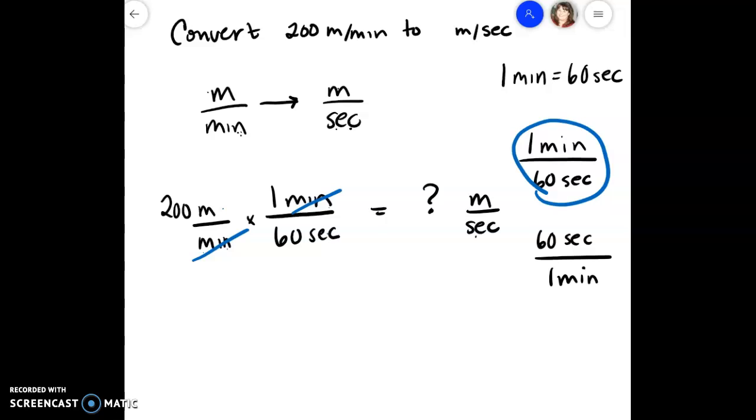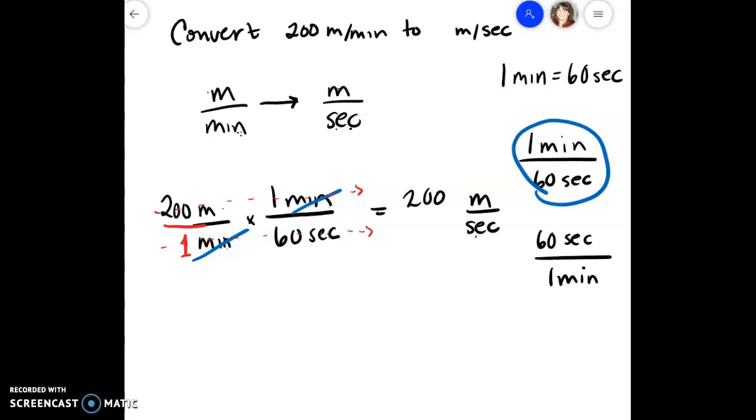So this time, when I multiply, I'm going to multiply across the top, and I'll get 200. 200 times 1 is 200. Then I'm going to multiply across the bottom. I don't see anything here, so I can think of this as just a 1, because you can always write a whole number as 200 over 1. Any whole number can be written over 1. It doesn't change its value.